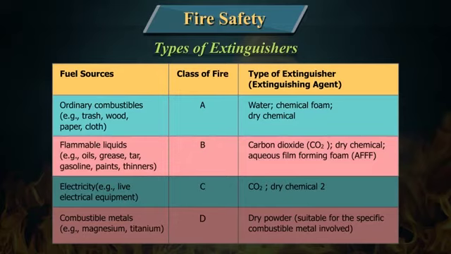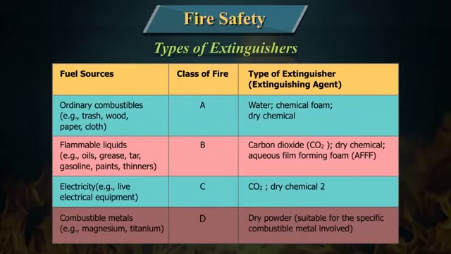Fuel source: flammable liquids. Example, oils, grease, tar, gasoline, paints, thinners. Its class of fire is B. The type of extinguisher: carbon dioxide, that is CO2, dry chemical, aqueous film forming foam.